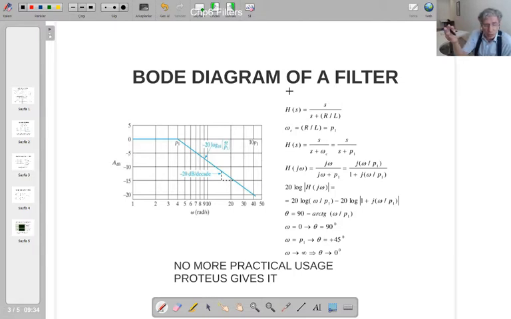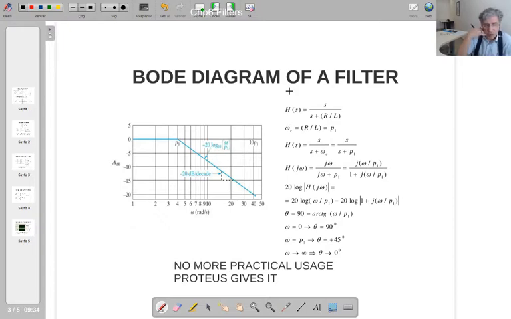When simulation programs came in, such as Proteus, Cadence is another simulation program, when these simulation programs are introduced, our filter's characteristic equations, which are the transfer function module change with respect to frequency and transfer function angle change with respect to frequency, are called Bode diagrams.